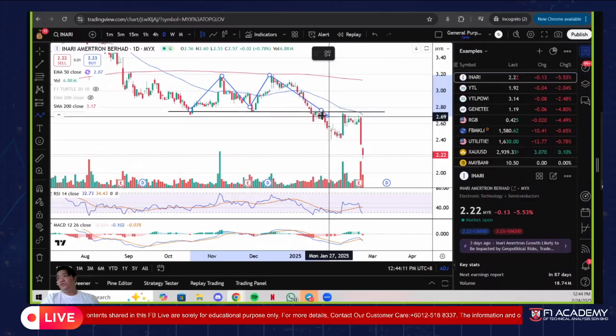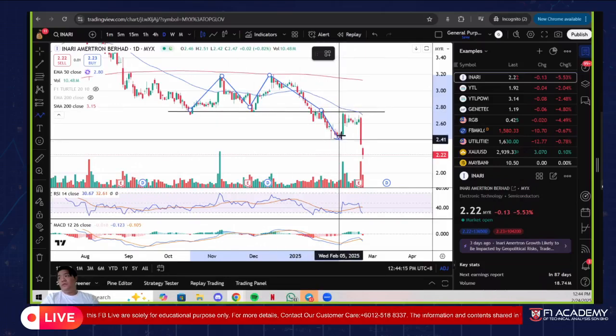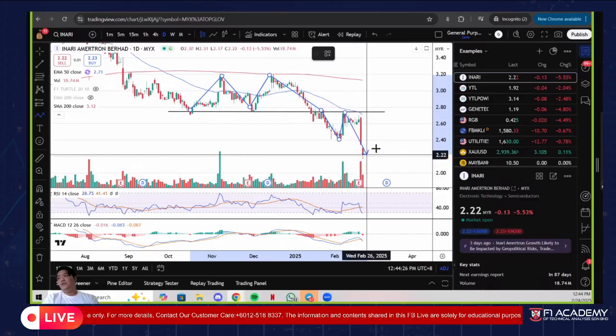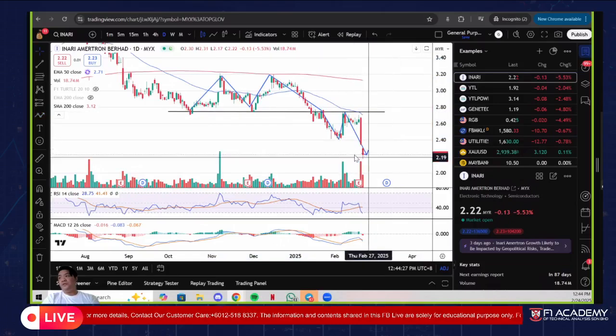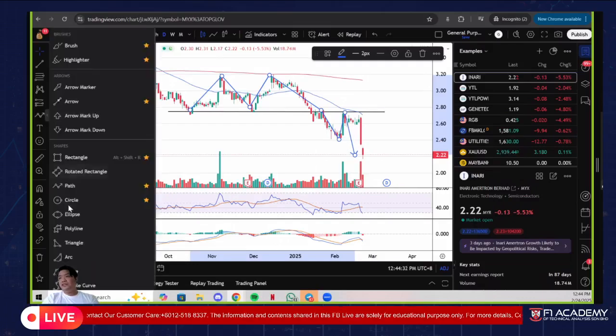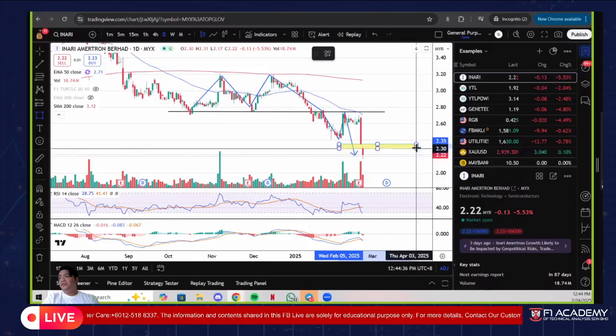They broke through the support, retraced to test the old support that is now resistance, did not make a recovery and went down. As you can see, they even opened with a gap down today. So, yikes, stay clear. Don't be a hero on this one.